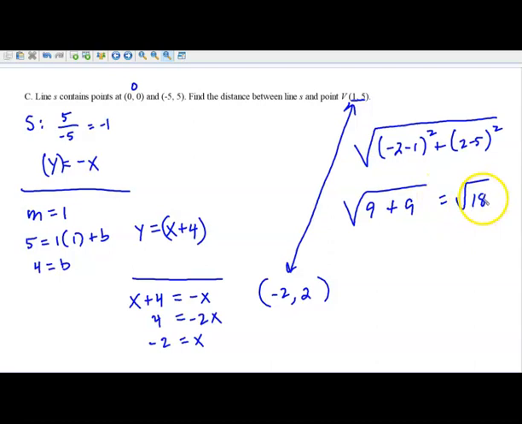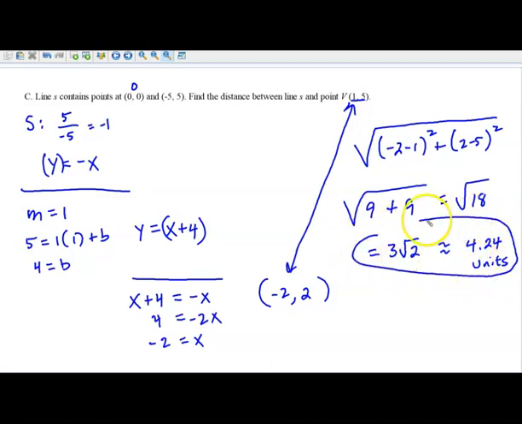That's the square root of 18. Show me what that is in simplified radical form. So that would be 3 times the square root of 2. And then you can show me the rounded decimal form, which would be 4.24 units. All right. And there's our 3 examples for that first objective involved in this lesson.